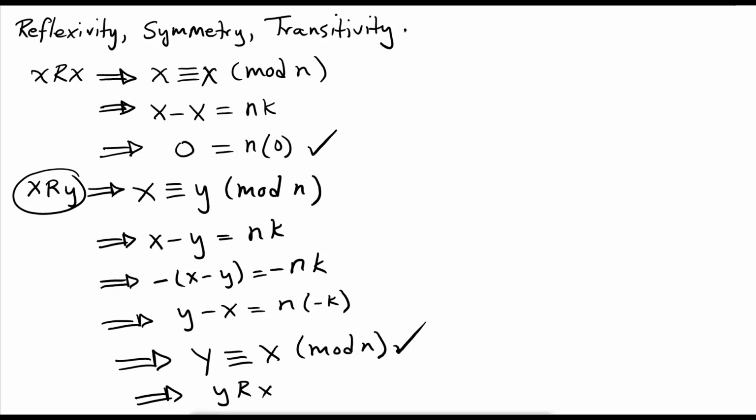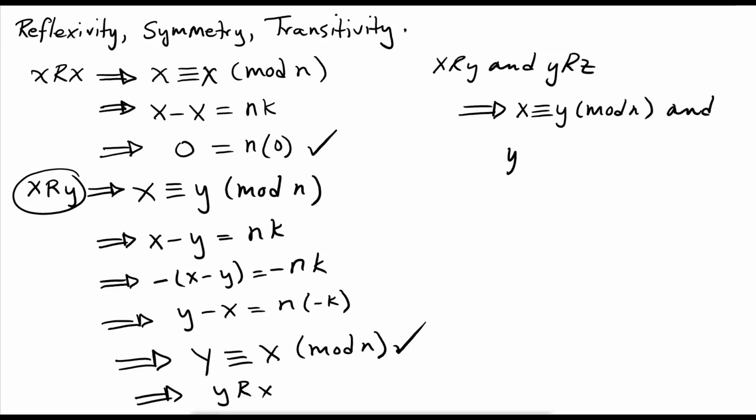And then lastly, for transitivity, we have to assume 2 things. We're going to assume that x is related to y and y is related to z. Well, what does that mean in terms of congruence modulo n? That means that x is congruent to y modulo n, and it means that y is congruent to z modulo n. Well, that means that x minus y is equal to n times k for some k as an integer.